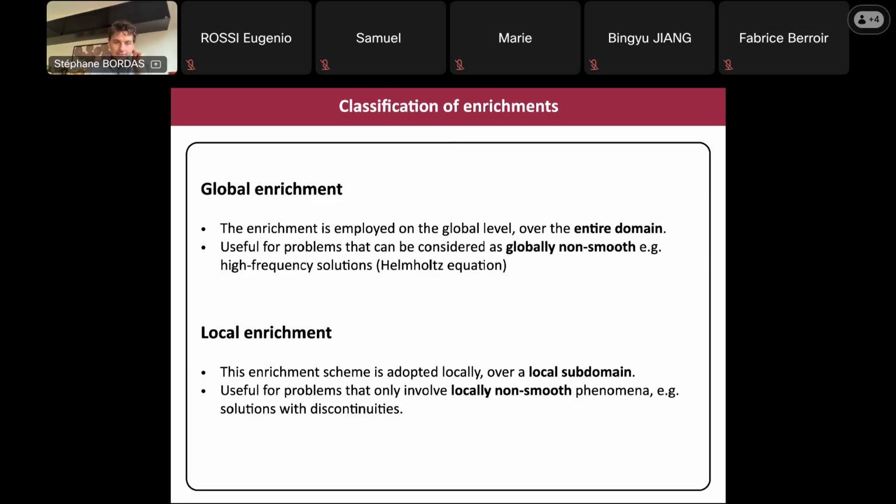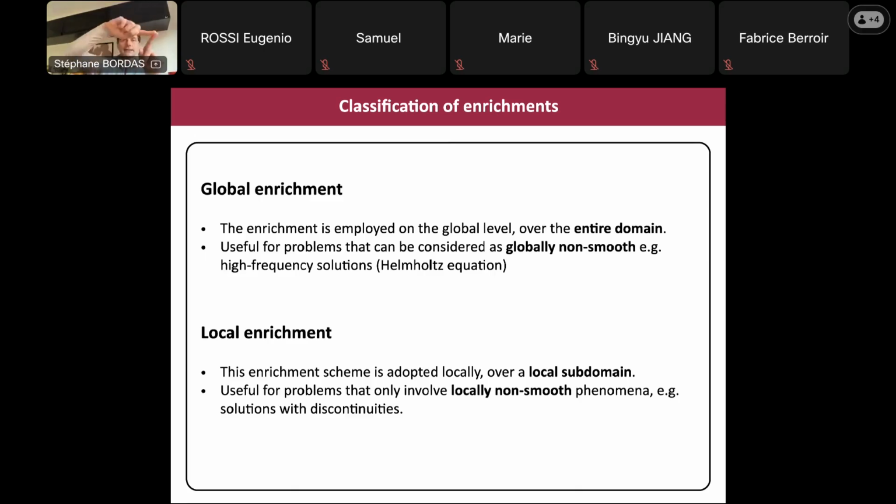Now, local enrichment. Local enrichment means that you are only enriching locally around features of interest. If you have a crack tip, the end of a crack, you only enrich around that tip.